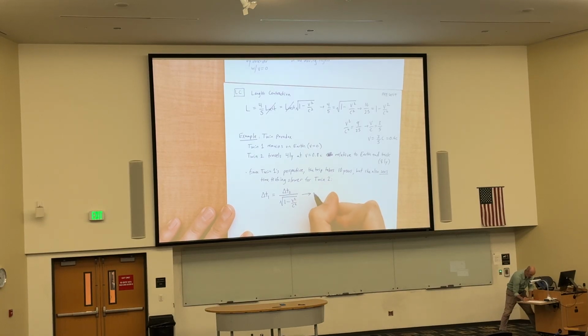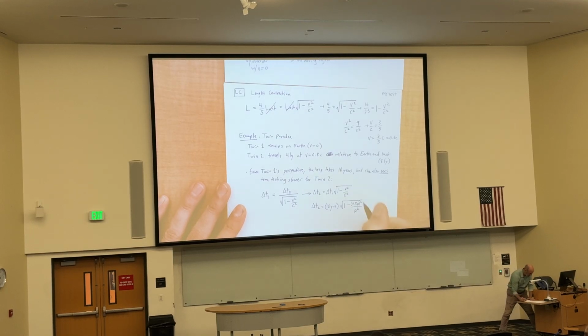Okay, so if we do that, we get delta T2 is equal to delta T1 times the square root of 1 minus v squared over c squared. And so if I put in my values, delta T2 is 10 years for delta T1 times the square root of 1 minus, and here's where you have to put in 0.8 times c, speed of light, quantity squared, divided by c squared. And this c is going to cancel with this c squared.